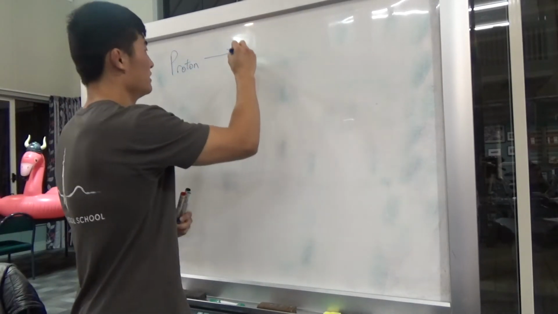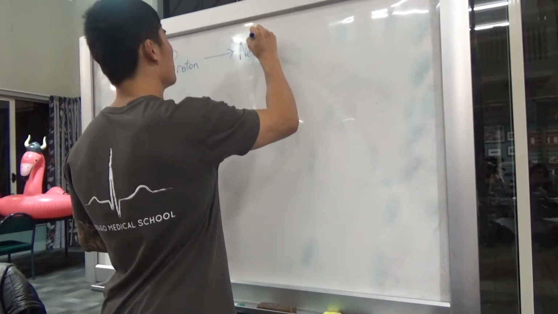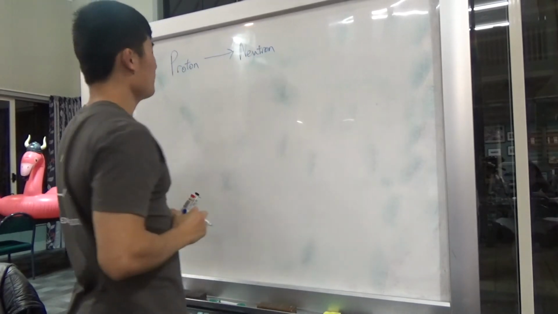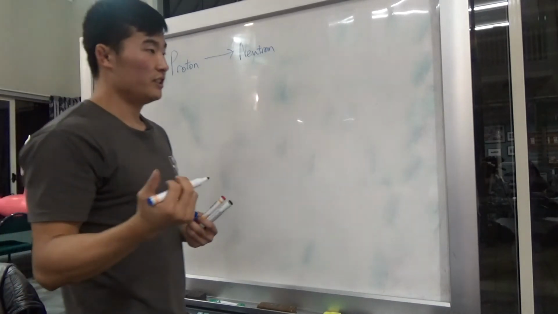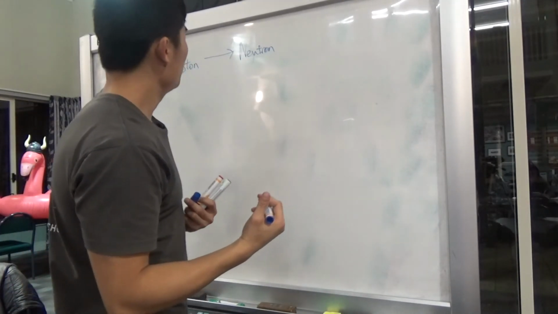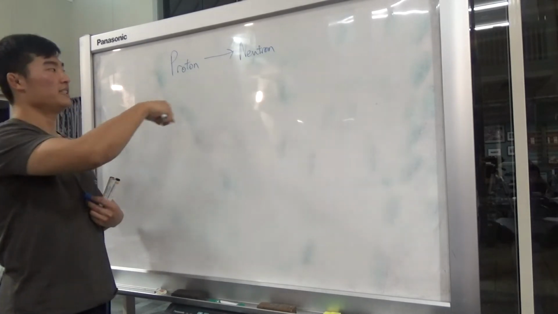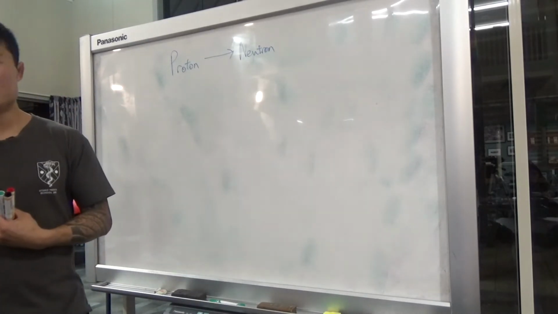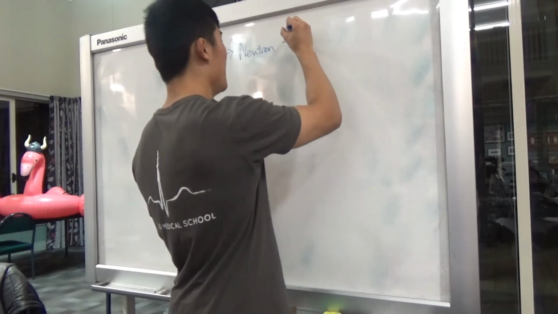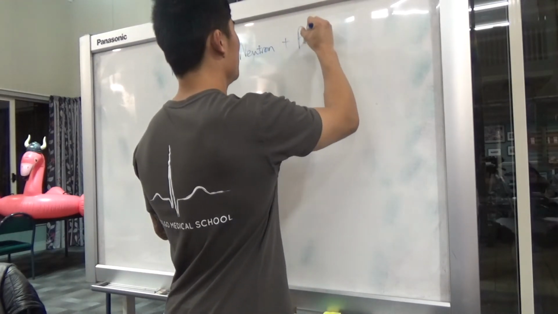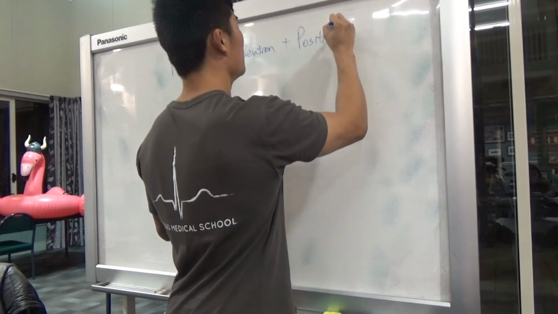It turns into a neutron. Since a proton is positive and a neutron is neutral, it means that it has to lose a positive charge. And if it's losing a positive charge, it's going to get rid of a positron.